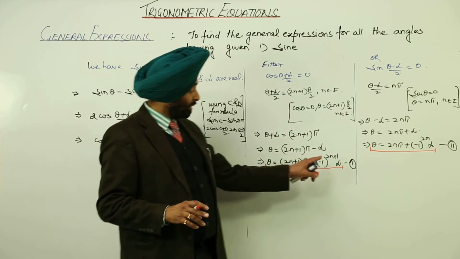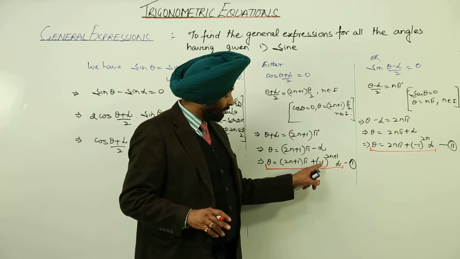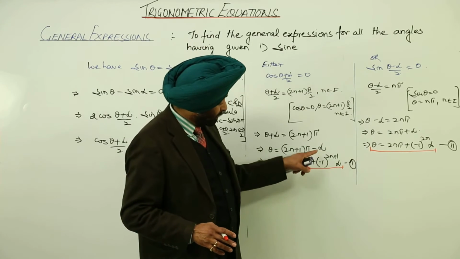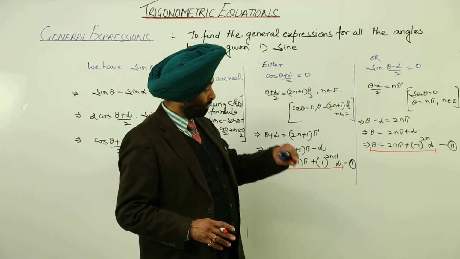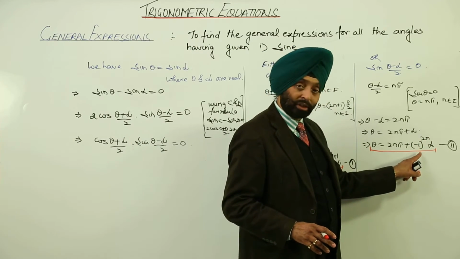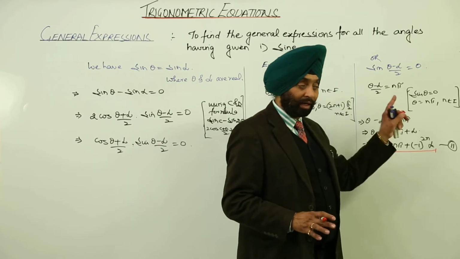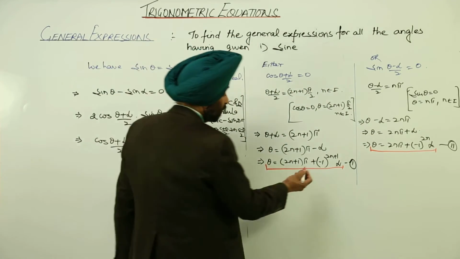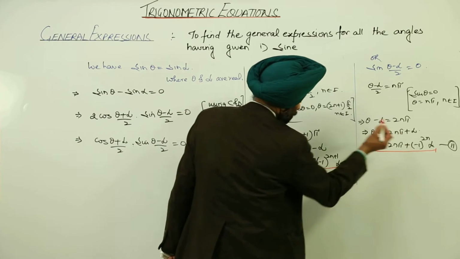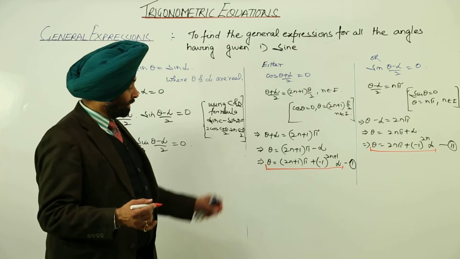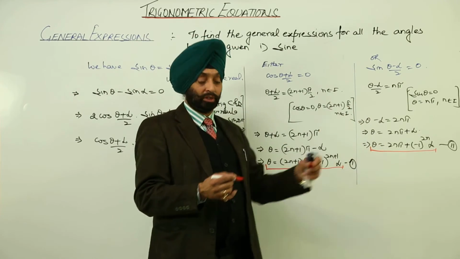Where the power is odd, negative 1 will always be negative, so this will always be negative alpha. Where the power is even, this will always be positive, so it will be positive alpha. We have to compare: here it is positive, here it is positive, here it is negative 1, here it is negative 1. Is it clear? That's why I have converted this.